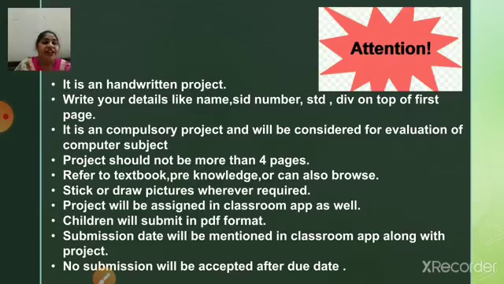Now suppose for example types of network, there is LAN, WAN, MAN. So for these you can stick beautiful pictures. They will be available on Google, or you can draw as well. It is not necessary that you have to take a printout and stick. You can draw, children. So wherever necessary, please draw or stick the pictures and make your project beautiful.